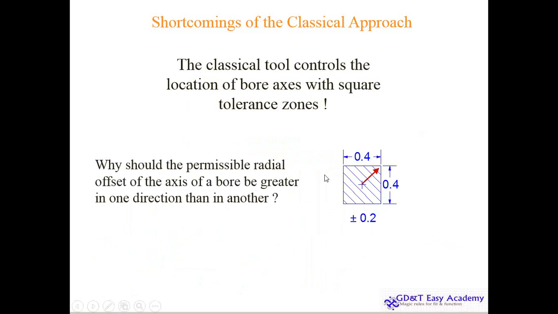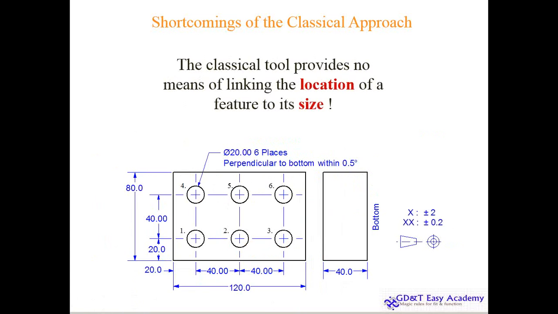That is the problem. Why should the permissible radial offset of the axis of a bore be greater in one direction than in the other? It shouldn't be. The classical tool provides no means of linking the location of the features. There are no interdependencies, and that is the problem which we need to fix and address.